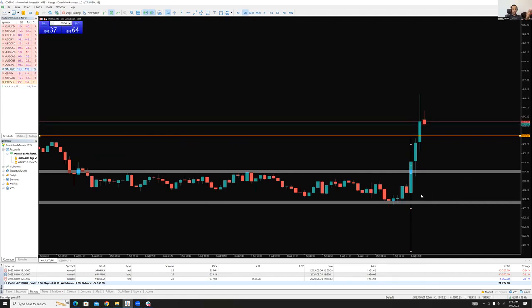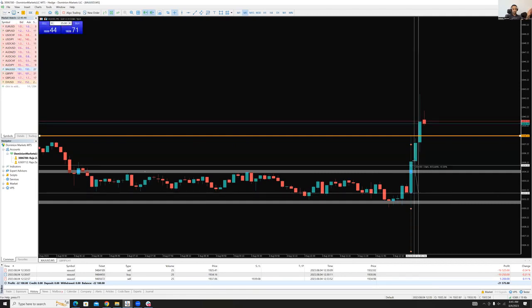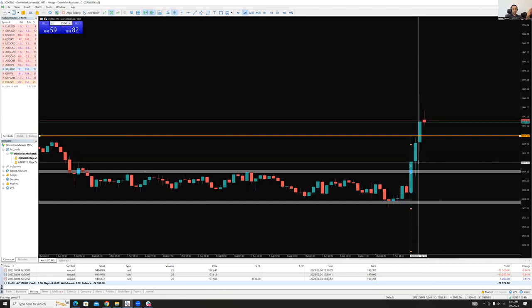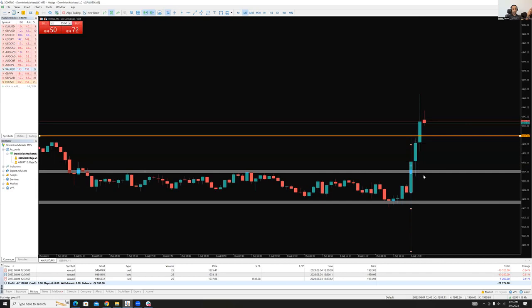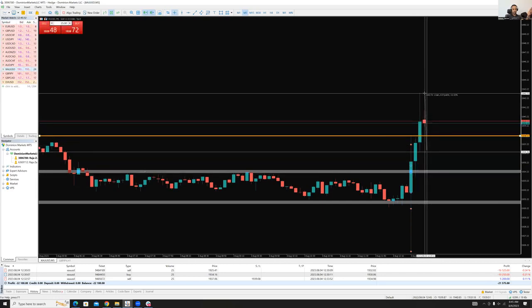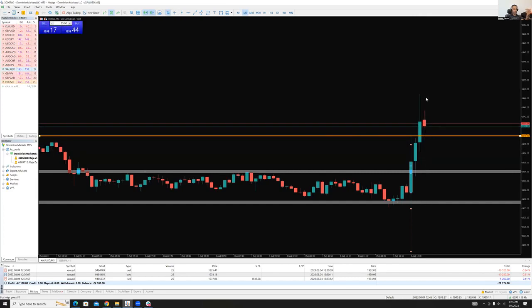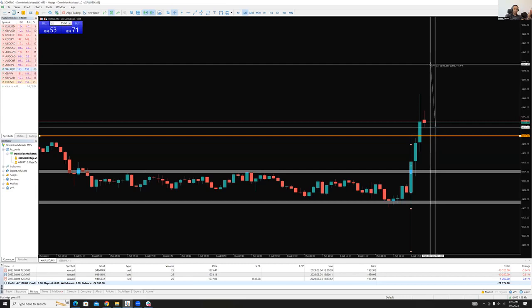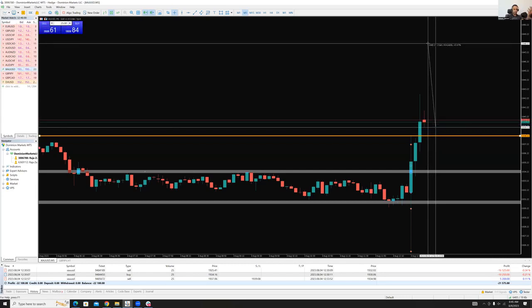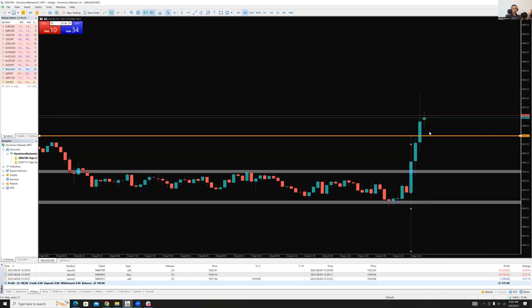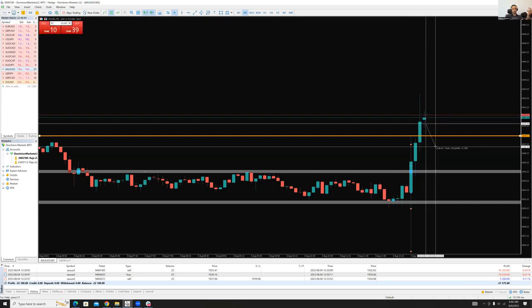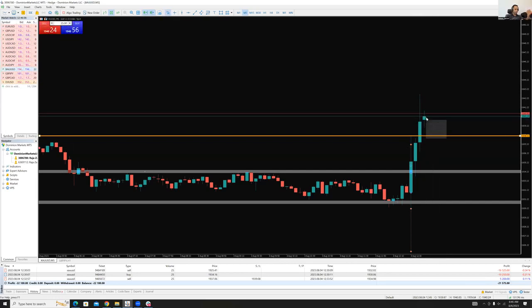This 5-minute is a 35 pip candle. The next one, the body is like 21 pips, but the entire candle is like 40 pips. The next one is also like 50, 60 pips at this point. So for price to continue pushing is very unlikely unless it does some sort of pullback, comes down, creates support, and then continues to push up. That's going to make much more sense.